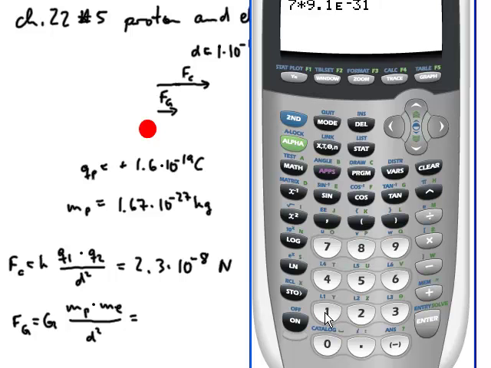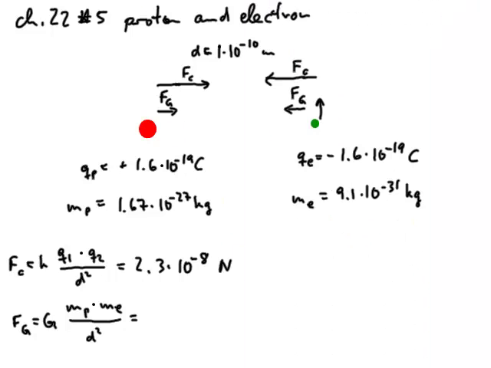At this point you can already see that it's going to be much smaller, because I'm comparing negative 31 and negative 27 to the negative 19 twice here, and those numbers are quite a bit smaller, and the gravitational constant is much smaller than the Coulomb constant. Anyway, divide by 1 times 10 to the negative 10 meters squared, and I come up with 1.0, I believe, times 10 to the negative 47 newtons for the gravitational force.